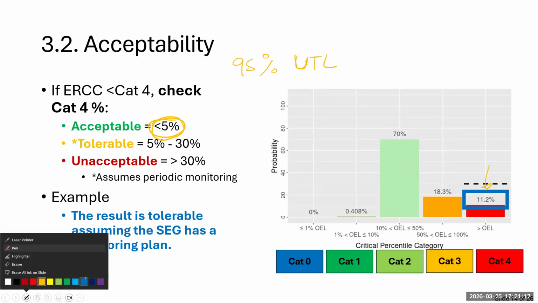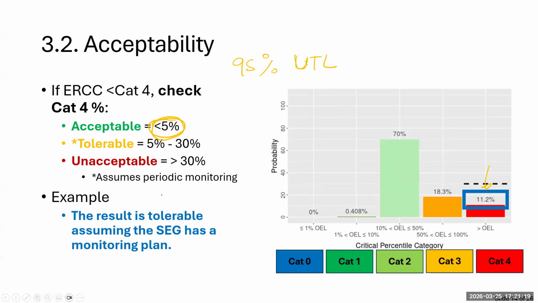Well, if we achieve this right here, if that percentage right there is below 5%, we can say that we are 95% confident, and maybe it's more than 95%, but we're at least 95% confident that 95% of exposures are below our exposure limit. Getting to Adi's comment about worker exposures.